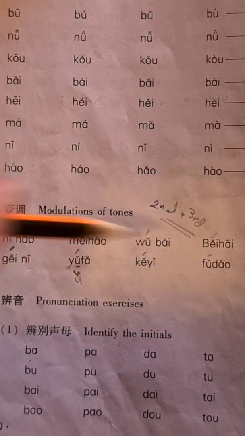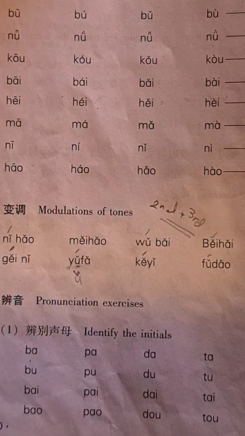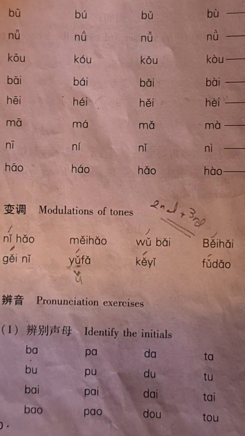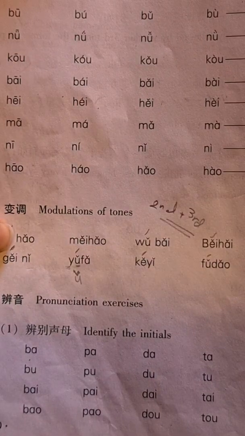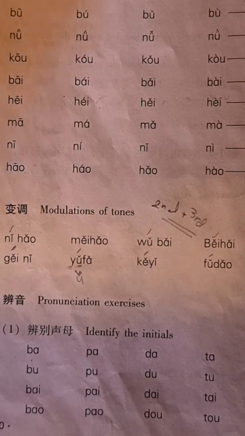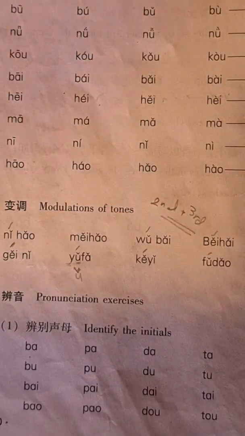If they come after each other like this, third and third, and you pronounce them like this, it's the wrong way. You have to change it into the second tone. But if each one of them came alone, it's the correct way to pronounce it. So if hao came alone, yes. If ni came alone, yes. This is the correct way to pronounce them. But if they came together, it's the wrong way.